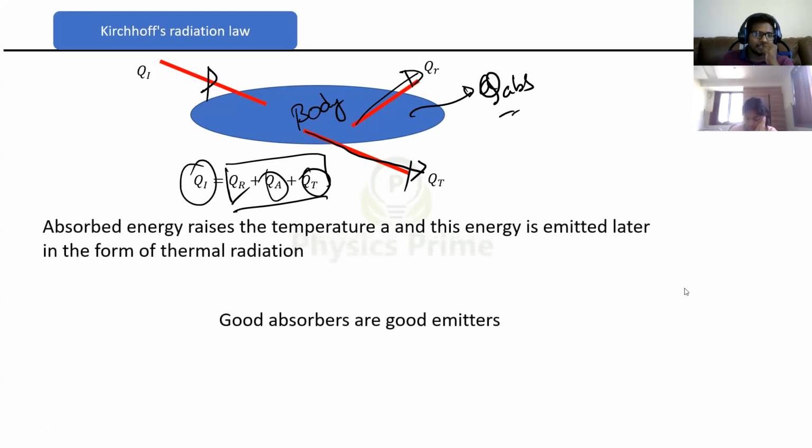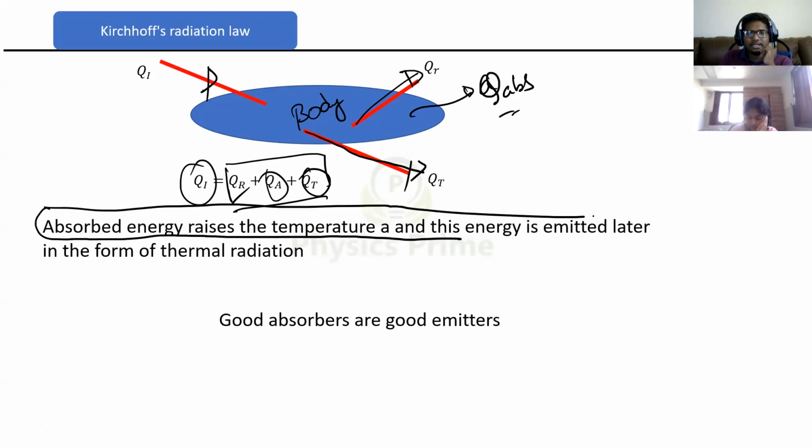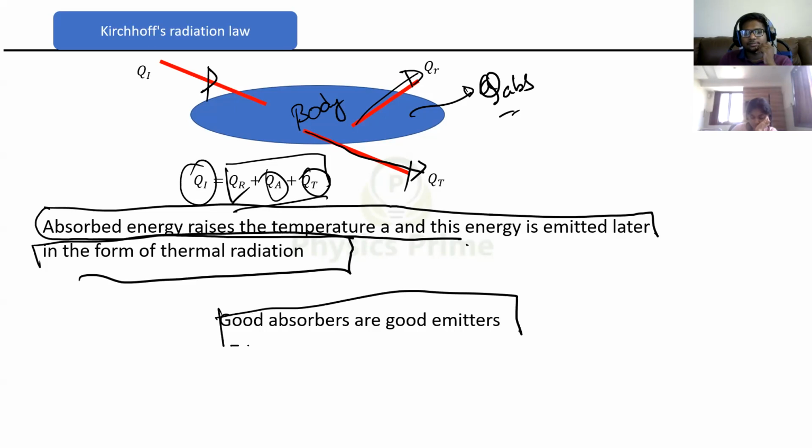If you give them energy, some energy is reflected, some is absorbed, some is transmitted without getting absorbed. Now here you see, whatever energy is absorbed raises the temperature of the body. And this energy is emitted later in the form of thermal radiation. That means when the surrounding temperature is lower, the same energy will be radiated. That means good absorbers are good emitters.